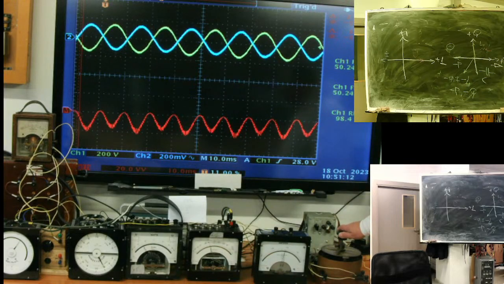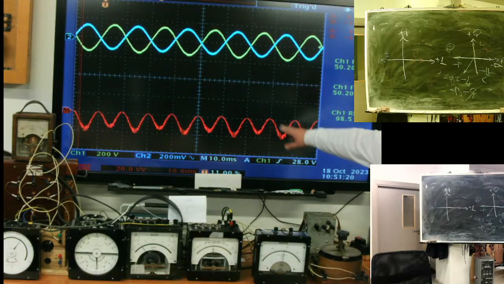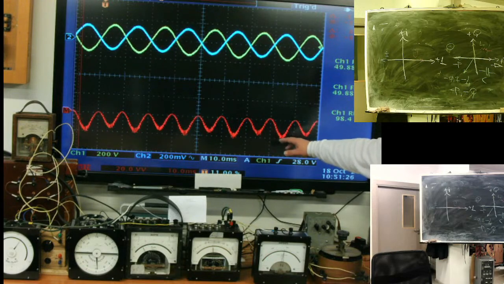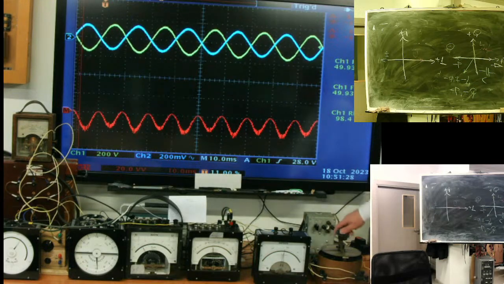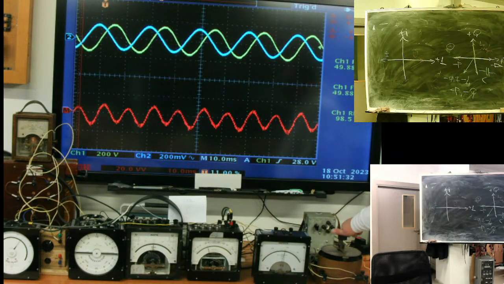I can go further. This is pure active load. No reactive power is supplied. You see, it's all in positive, but with all negative, because we are supplying. Here pure capacitance.